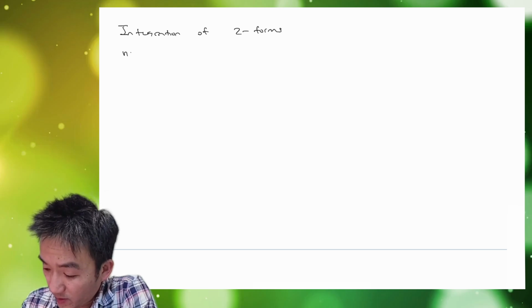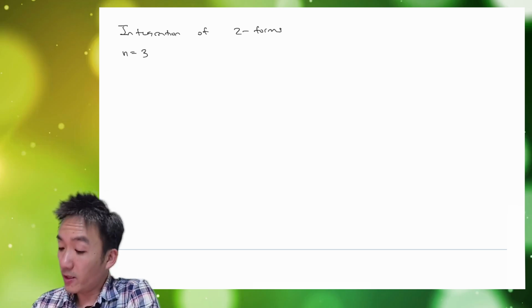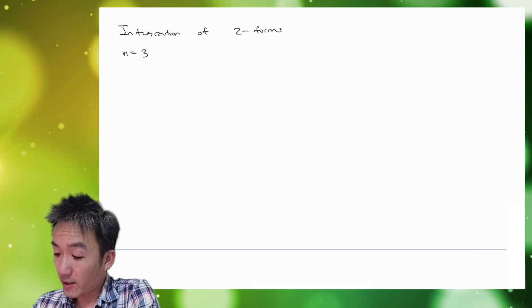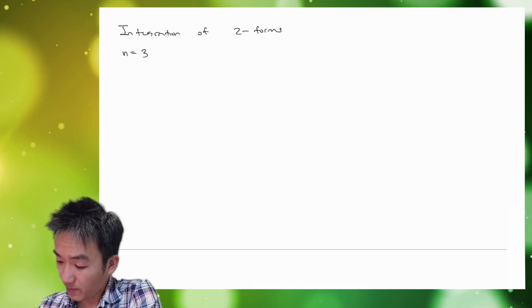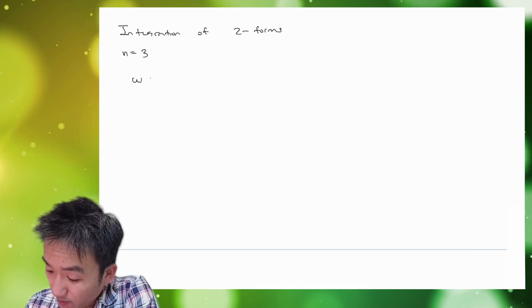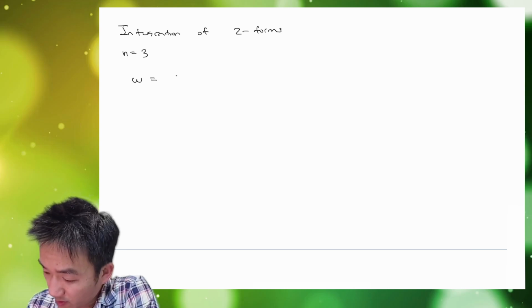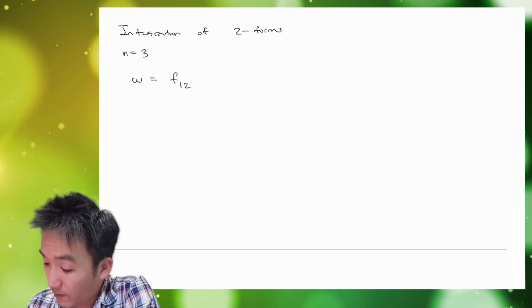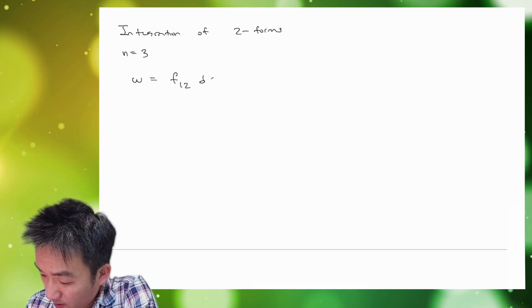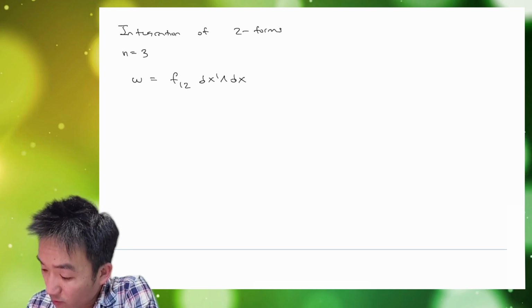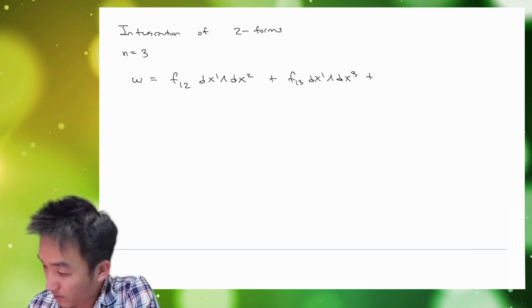And also, just to be ultra concrete and simple, let's look at the case where n equals 3. So I can write my two form explicitly as a function f12 times dx1 wedge dx2, and likewise with the other components.